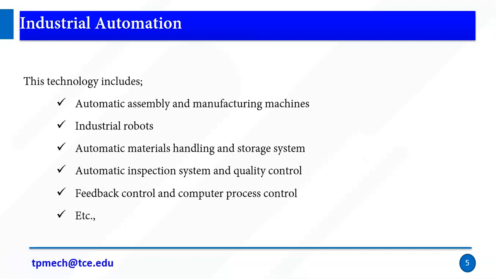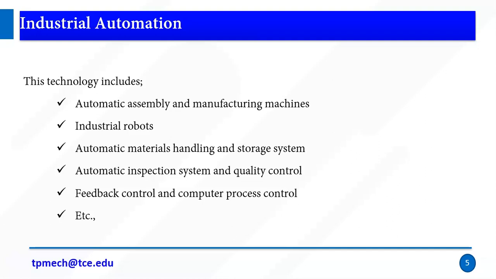This technology includes automatic assembly and manufacturing machines. For example, in any automobile industry like TAFE or TVS, if you visit, you can view automated assembly systems or automated manufacturing systems. Similarly, industrial robots, one example is the pick and place robot.